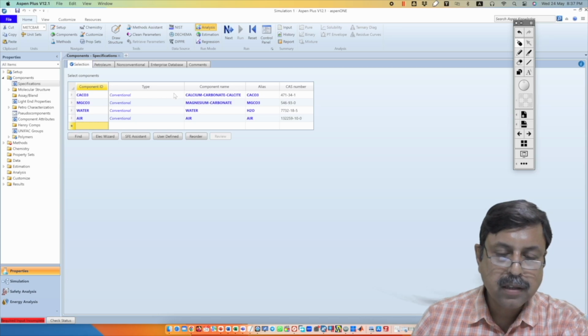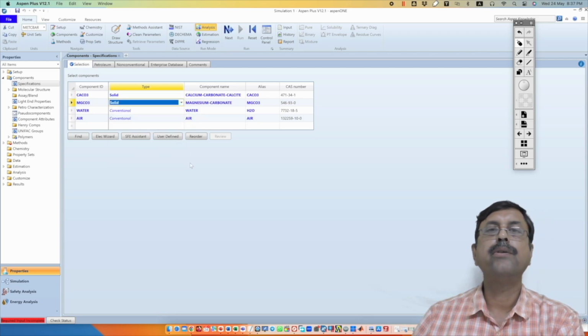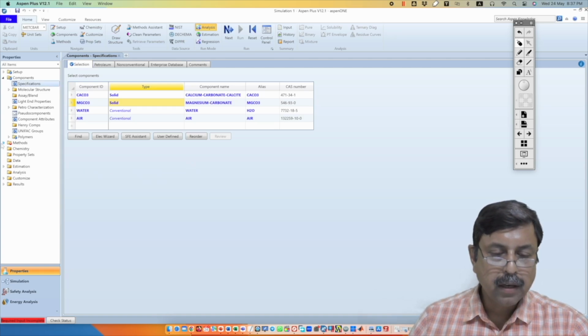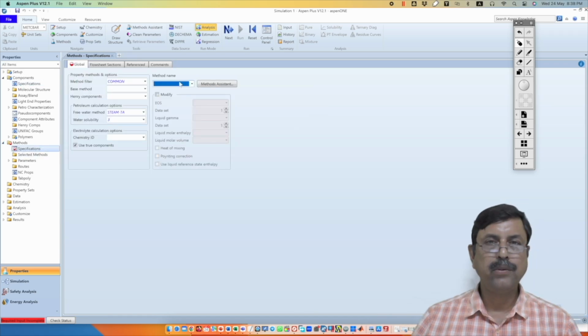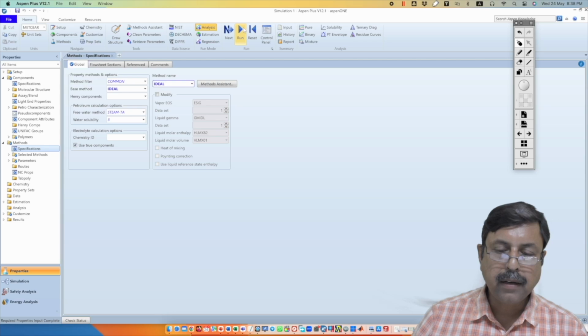Out of which calcium carbonate and magnesium carbonate will be solid. So they will not take part in any phase equilibrium calculation. Now go to methods. Let us use the ideal method. Run. Now go to the simulation window.